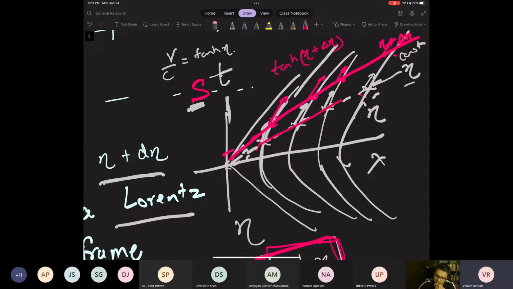The observers at the first instant have a common rest frame, which I'll call S prime, and at this eta they have a common rest frame, which I'll call S double prime. To go from S prime to S double prime, I have to make a Lorentz boost by a rapidity delta eta, because all these observers, as seen in S, have a slightly larger speed compared to these observers.